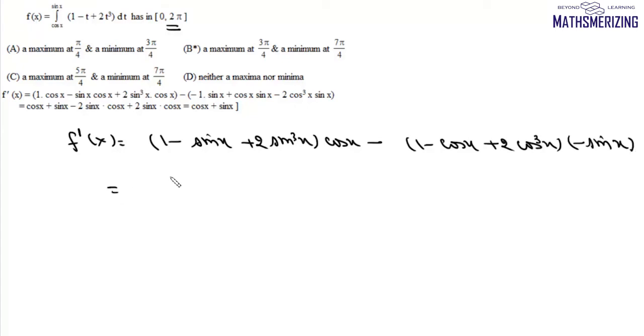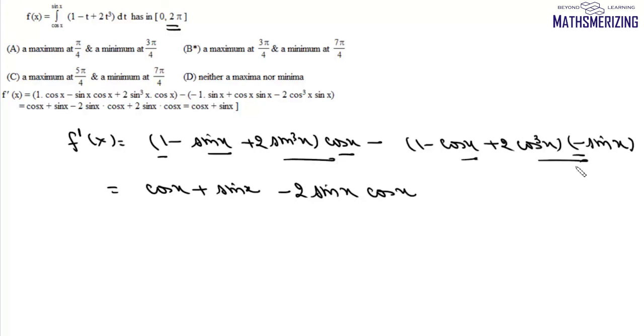Now we'll simplify this. We'll get this as cos x + sin x. Now here it is sin x into cos x, and here also it is sin x into cos x. So it will be minus 2 sin x into cos x, and finally for this we can write 2 sin x cos x, and then it will be sin^2 x + cos^2 x, which is 1.